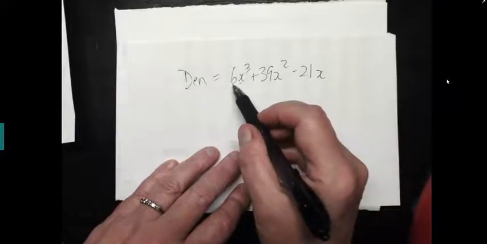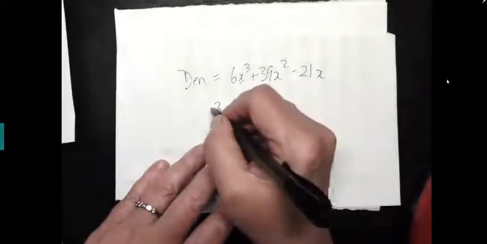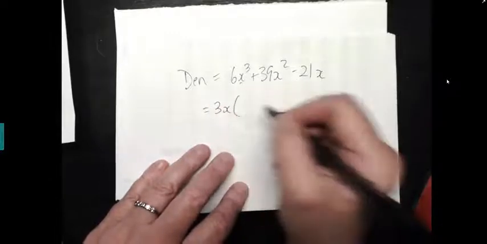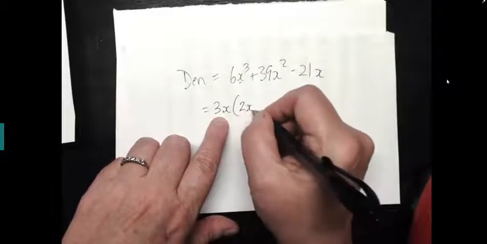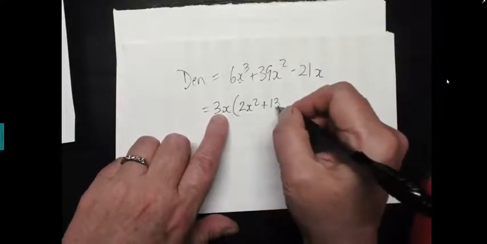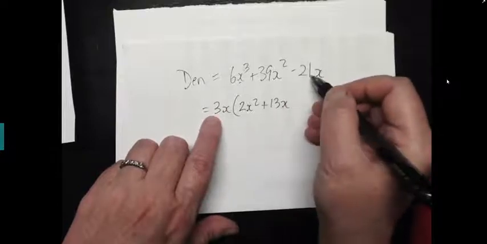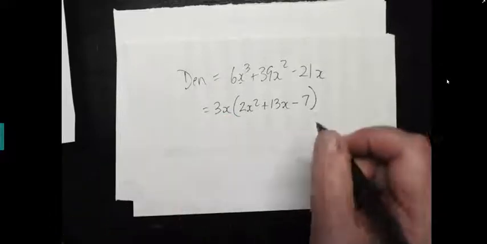As far as the numbers go, they have a 3 in common, so we can factor out a 3x. So when I remove a 3x from here, I'm left with 2x squared. 39 divided by 3 is 13, and I'm left with an x, and negative 21 divided by 3 is negative 7, and the x's cancel.